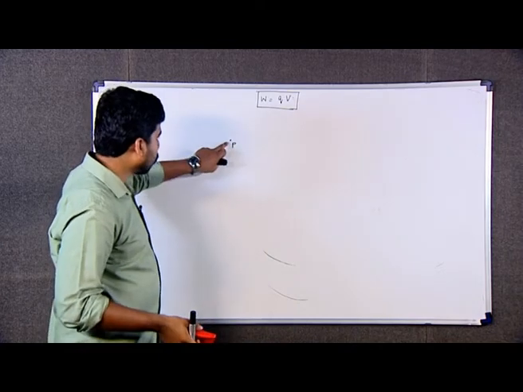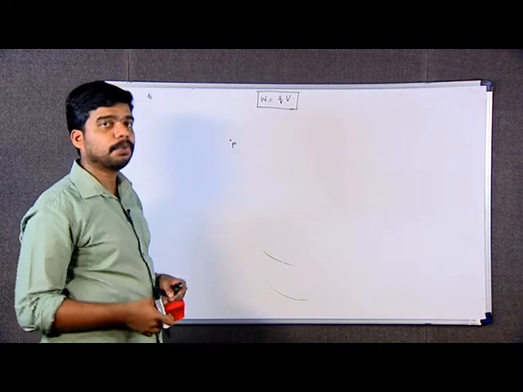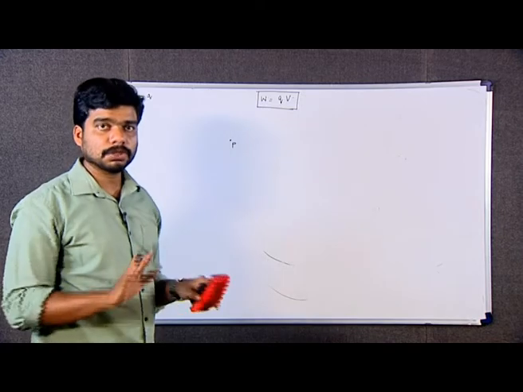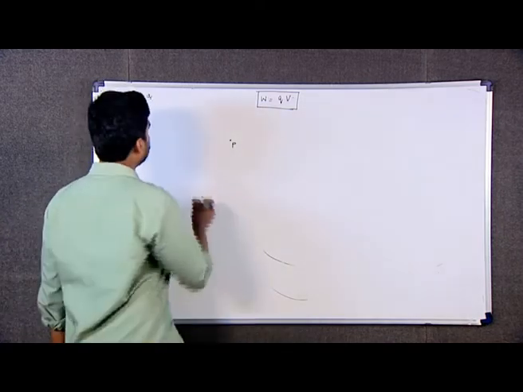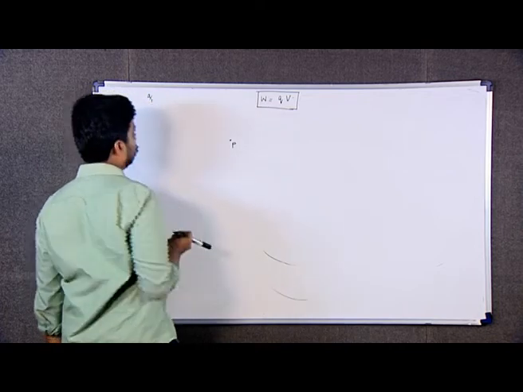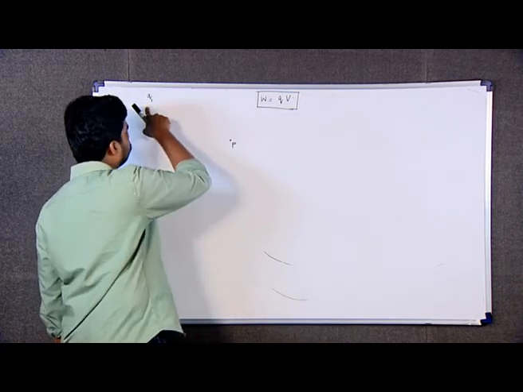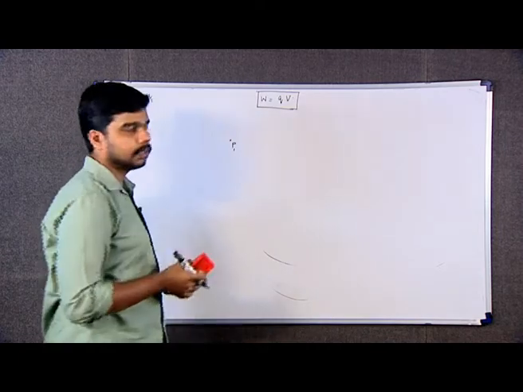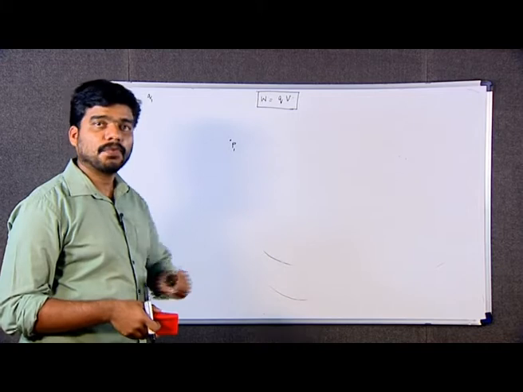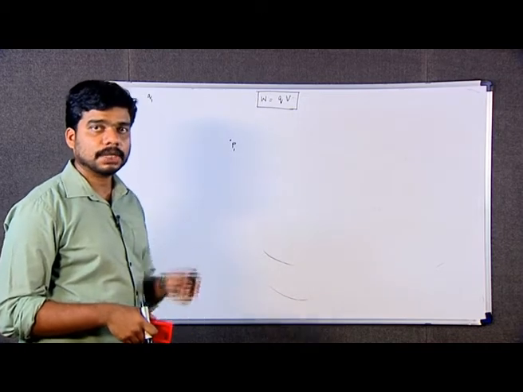But what is the potential? Initially, at this point P there was no charge, so the potential is equal to 0. That means, I am taking the first charge Q1 and I want to take it to the point P, or I am naming it as P1. What is the work done to assemble this charge at the point P1?